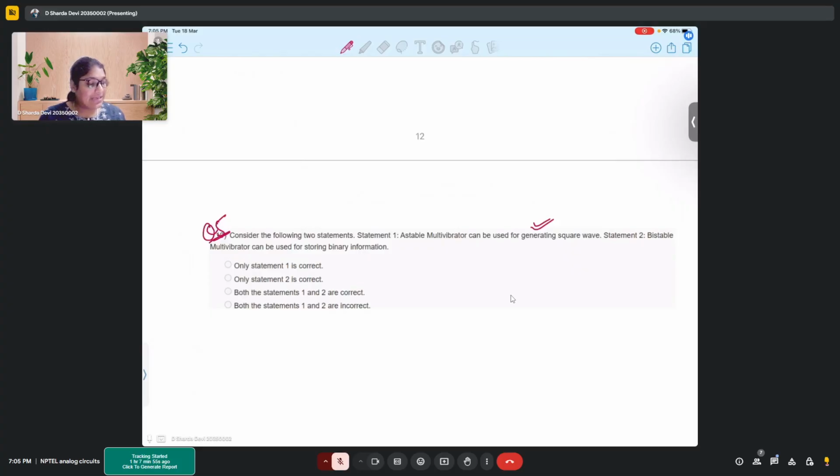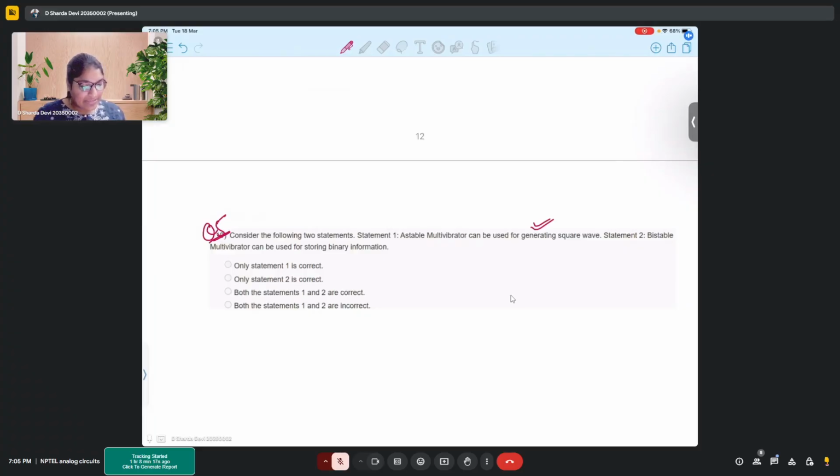Now when we say that a bistable multivibrator can be used for storing binary information, this is also true, because it has a flip flop inside, and that flip flop can store one digit, either 0 or 1, that is a binary value. That's why it is known as a bistable multivibrator.